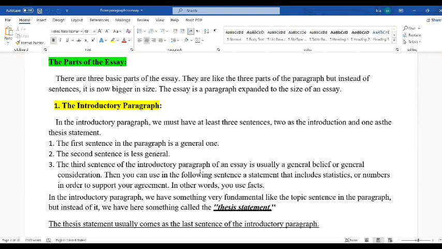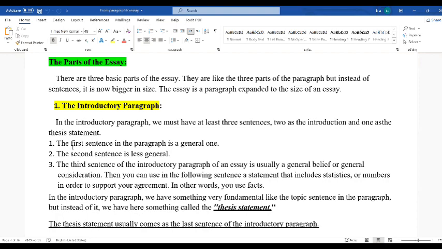What is travel? For example, how many people prefer to travel? Why, for example, do the youth prefer travel more than the elderly ones? So we talk in general, about 2 or 3 sentences, before going to the thesis statement, which is more specific.